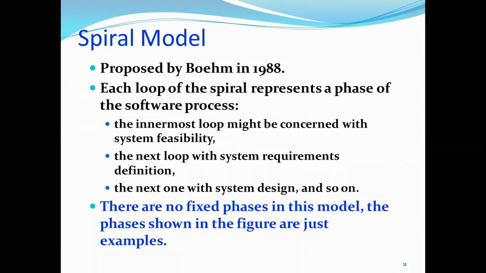The innermost loop, I am drawing here. The next loop with the system requirement definition, the next with the system design, and so on. So the model is developed in the form of spirals.